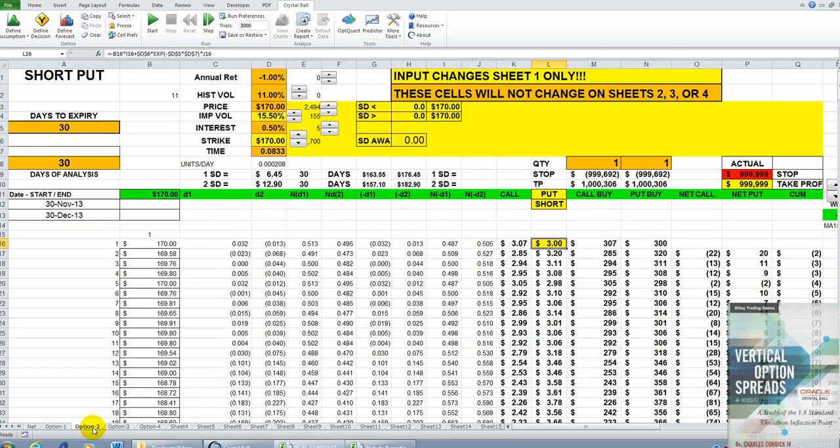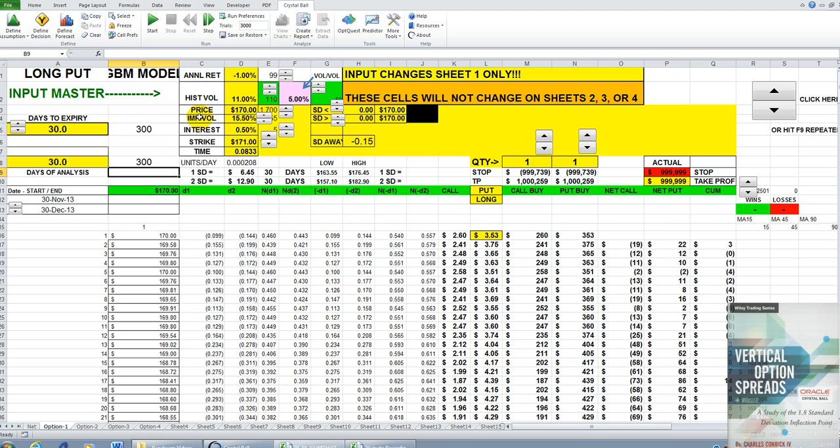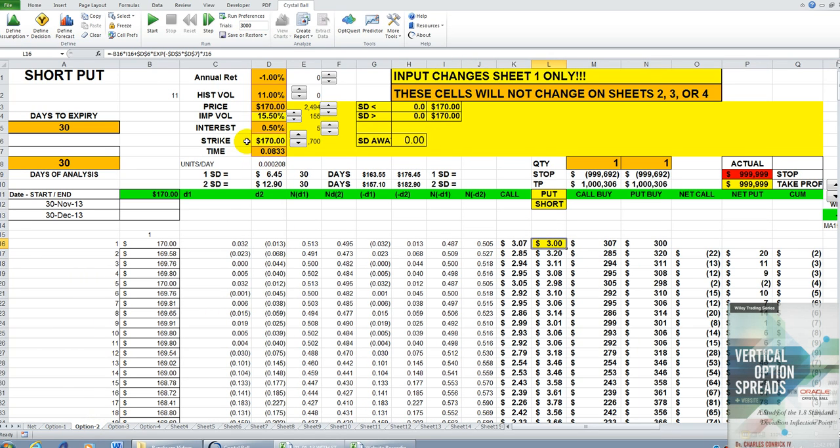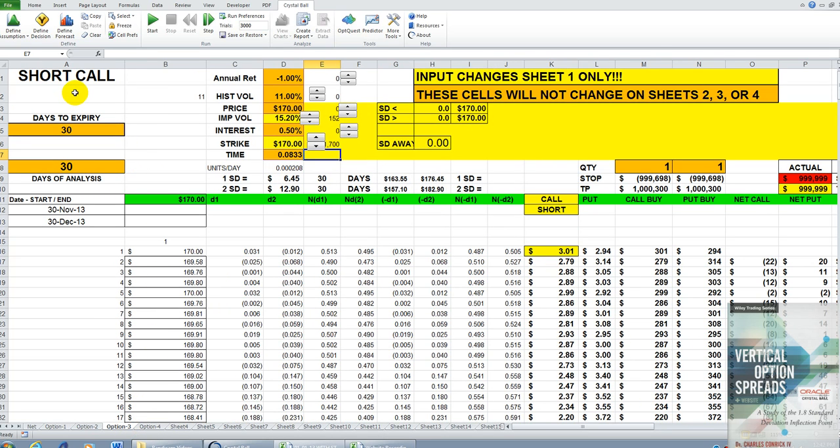After you set up everything in tab option 1, which is primarily where all your inputs are, you can go to tab option 2 and put in your strike price and the implied volatility until it matches what the market tells you the price is. Then you can go to tab option 3, set up a short call if you so desire, use your implied volatility ticker to set the price where the market tells you it needs to be. And of course, you can pick your strike price.